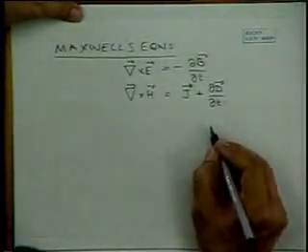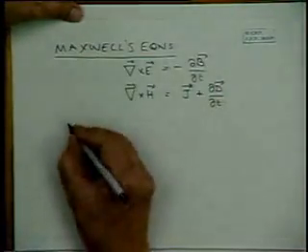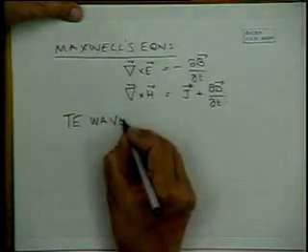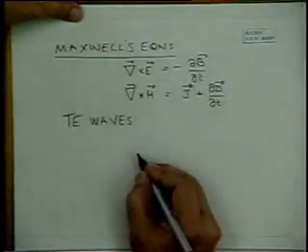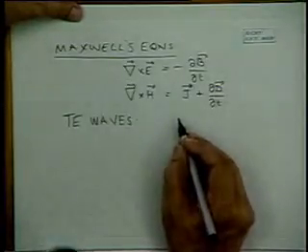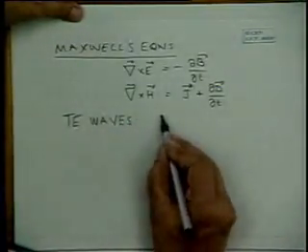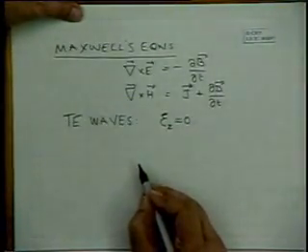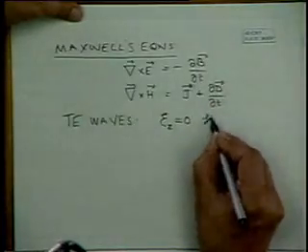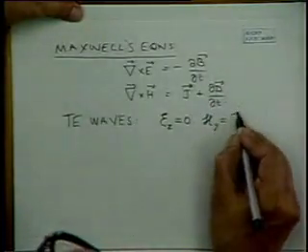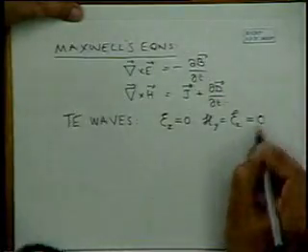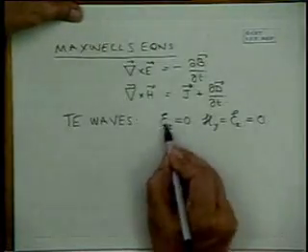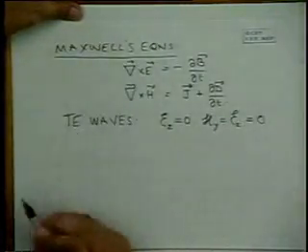From this, we can define in a waveguiding structure transverse electric waves, with Z being the direction of propagation. The definition of transverse electric waves is that Ez must be equal to 0. And if Ez is equal to 0, then from these equations we have Hy and Ex also equal to 0. So there is no longitudinal component of the electric field. That's why it's called transverse electric.